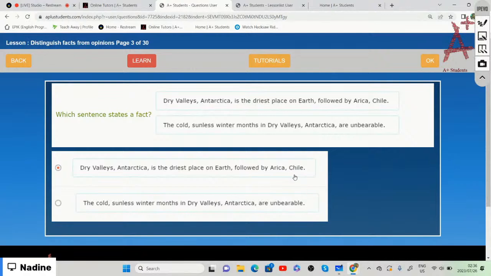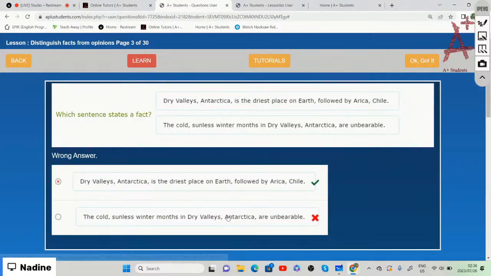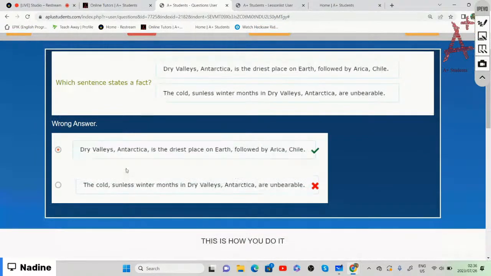But sometimes we can't say it is the driest place on Earth, because if you do, then it means that you must have traveled the world. Let's maybe choose the second one as a fact. So yes, it is the one that we basically chose.